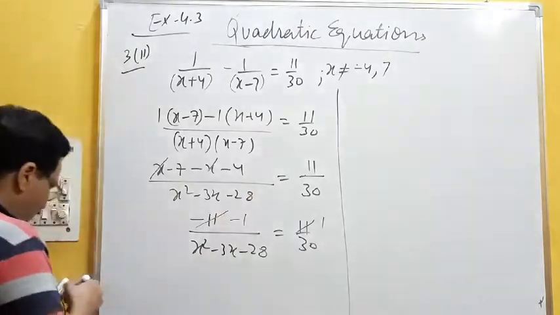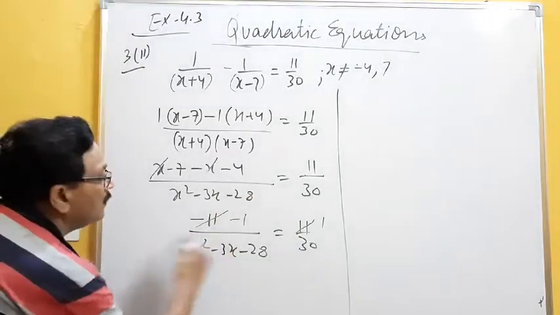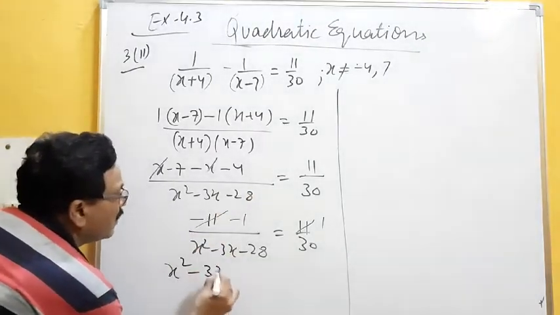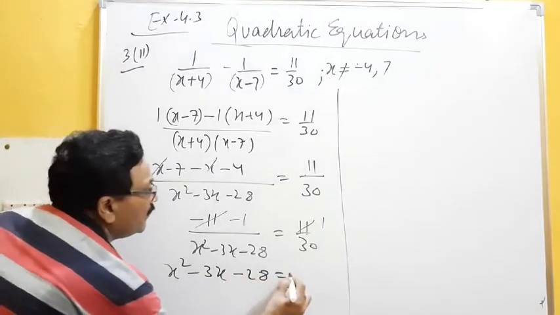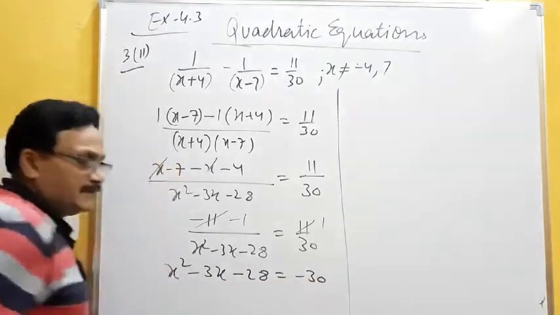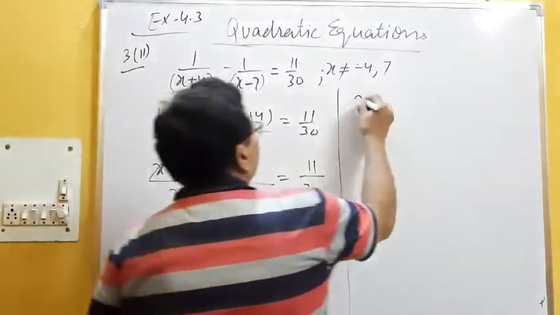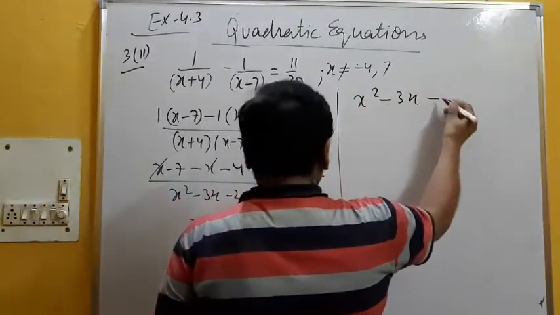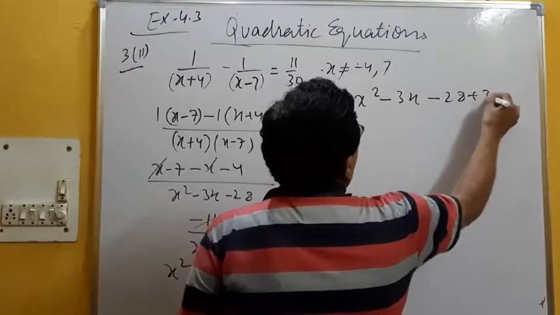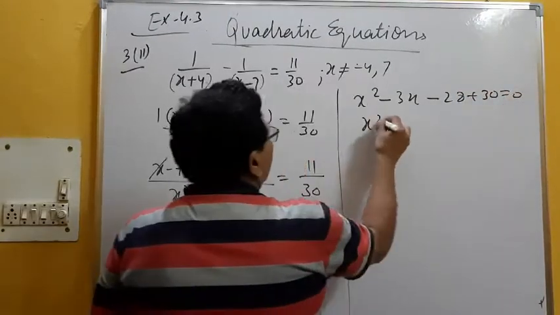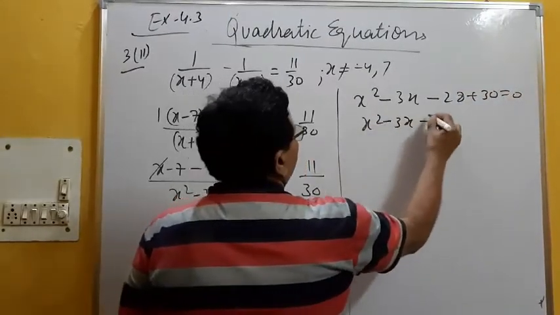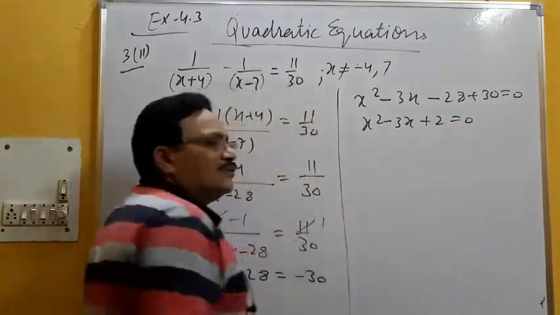When you cross multiply, you get x² − 3x − 28 = −30. You can check the cross multiplication, and then finally you get x² − 3x − 28 + 30 = 0, so x² − 3x + 2 = 0.